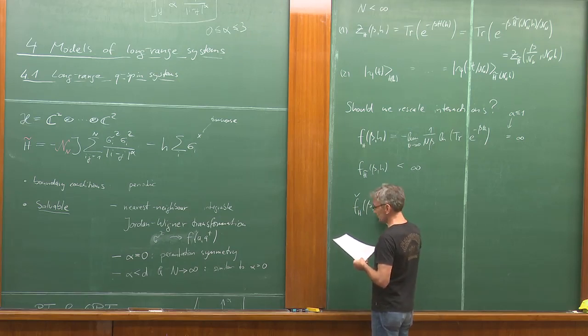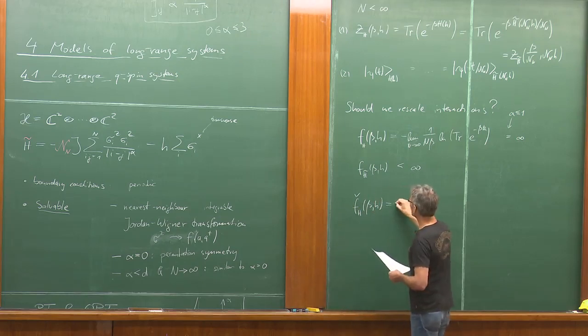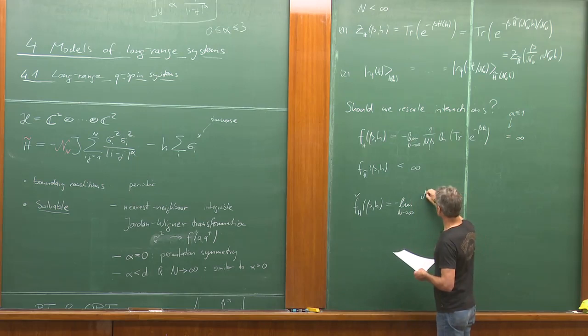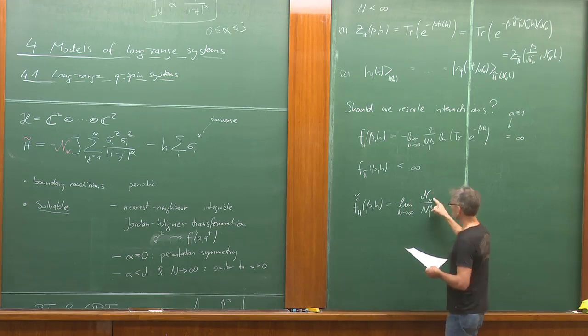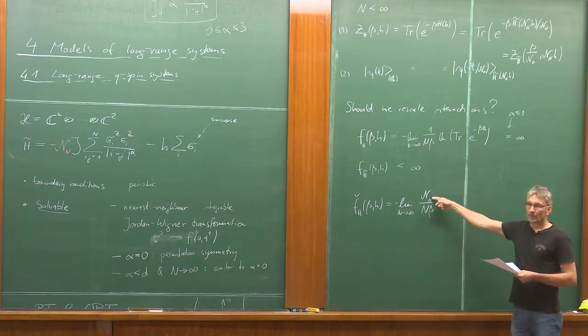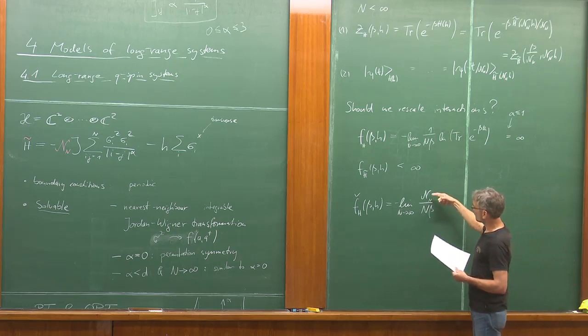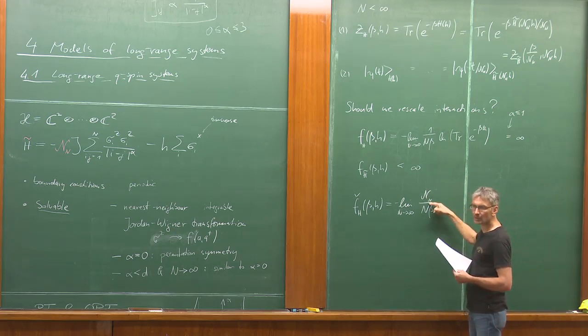I define a new free energy, very similar to the one that I had before, and I put this other factor in here. So I change the N dependence. For example, for alpha equals 0, this will be a 1 over N squared factor here, and this will be enough to make the free energy finite.